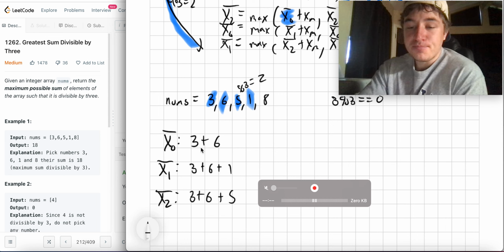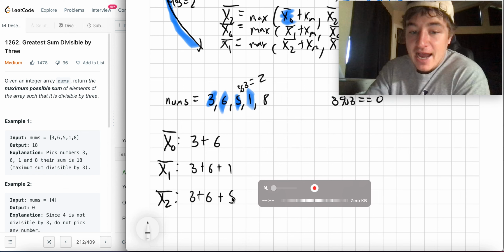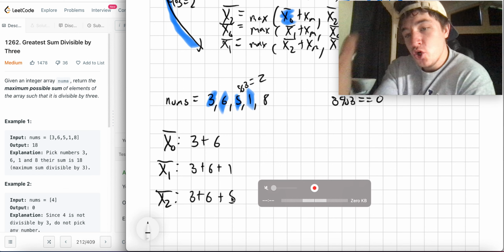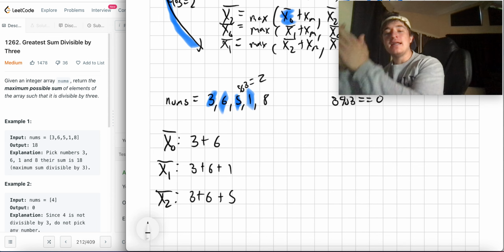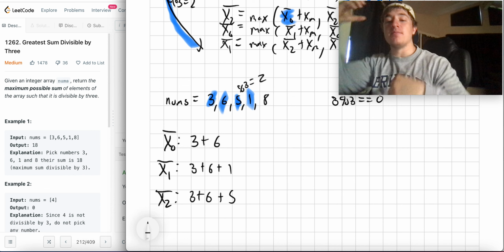Anything that's mod 2 before, so 3 plus 6 plus 5, that's our longest sum that was mod 2 before. If we add in a 1, it'll become mod 3 equals 0.